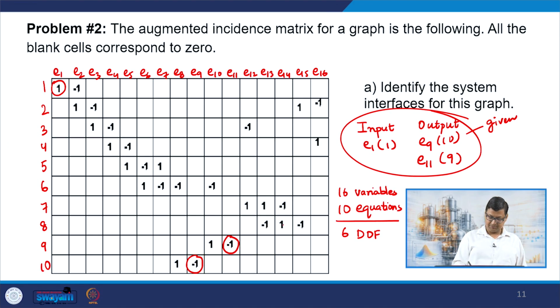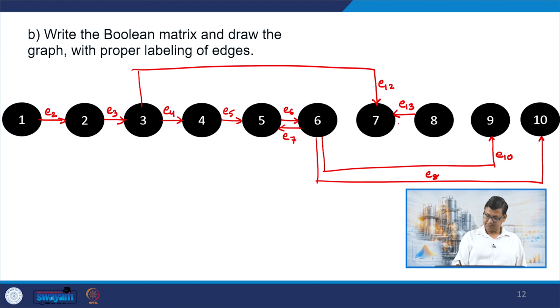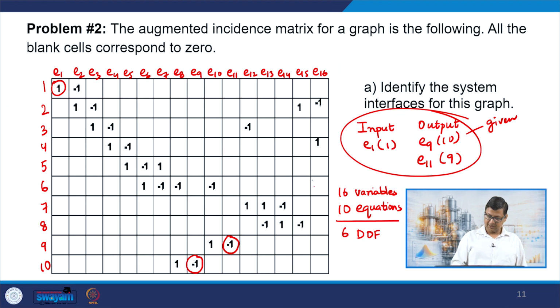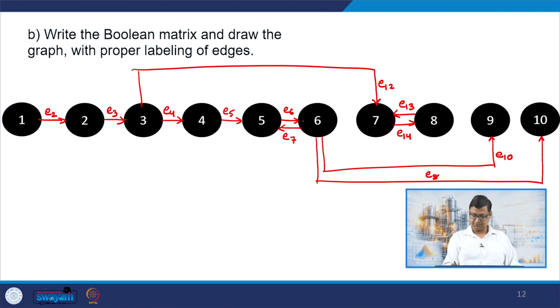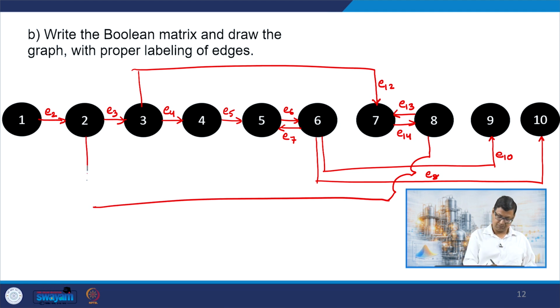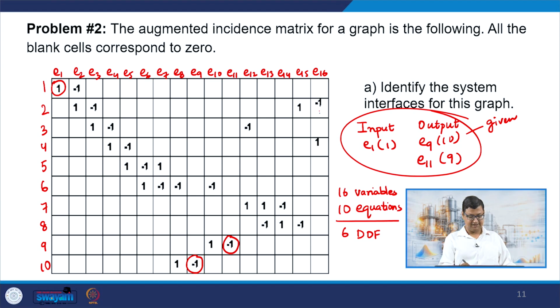E14 is going from 7 to 8. E15 is going from 8 to 2. And E16 is going from 2 to 4.